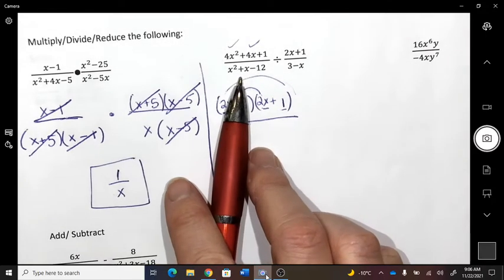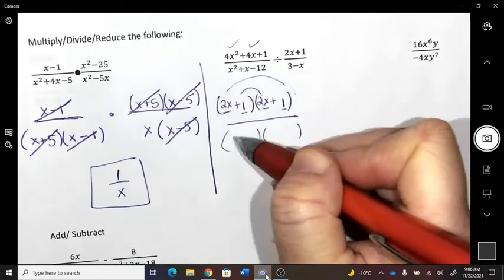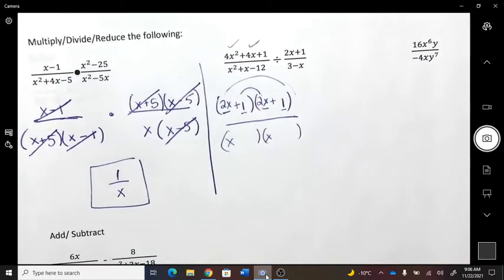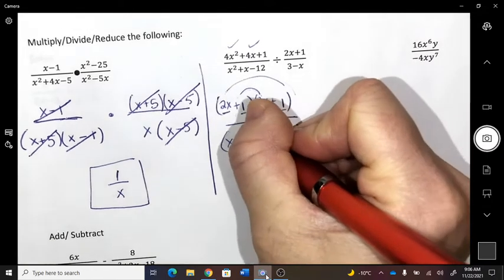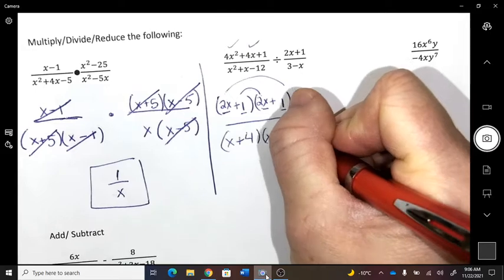Okay, on the bottom, we have a simple. So x, can you multiply something to 12? That adds to 1. 4 times 3? Plus 1, so I need plus 4.